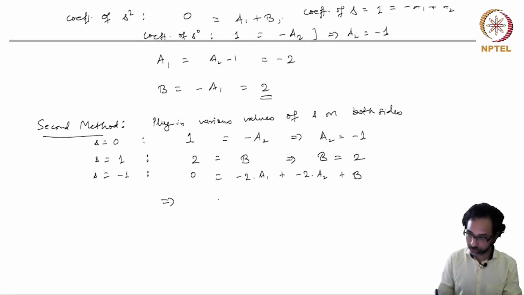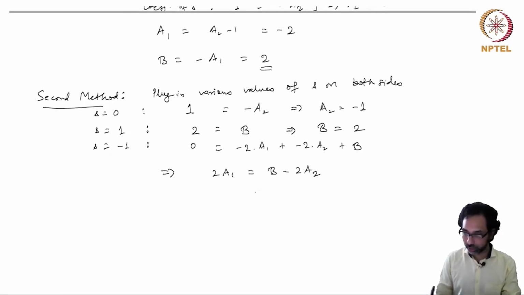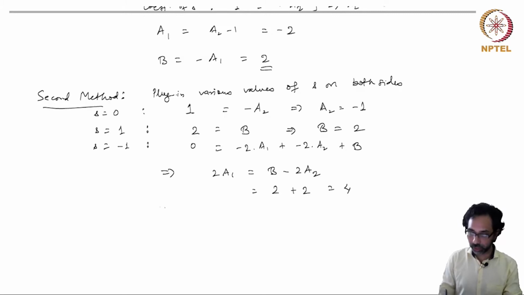So this means that 2a1 is equal to b minus 2a2, and here we know already that b is 2 and a2 is minus 1, so this is plus 2, so you get 4 on the right hand side. So this implies that a1 is 2.